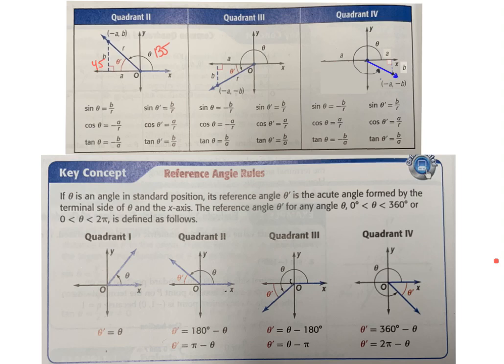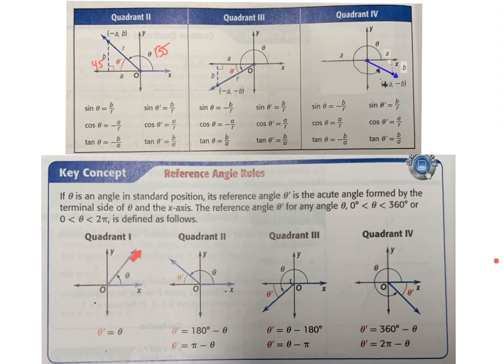In this last quadrant, it's a positive x and a negative y, right? Positive x and negative y. And so as long as you can figure out what quadrant this ends in, then you can use its reference angles to help you. And so here's where it's talking about your quadrants down here.